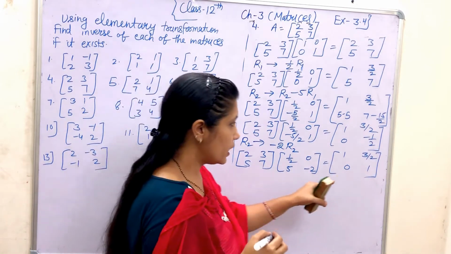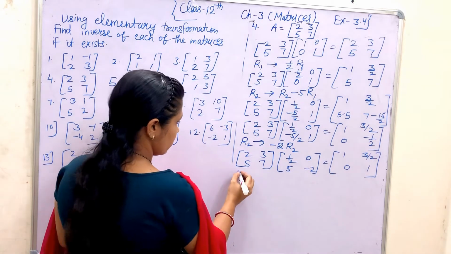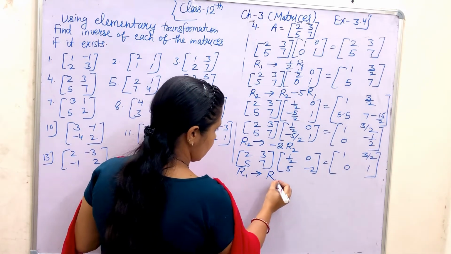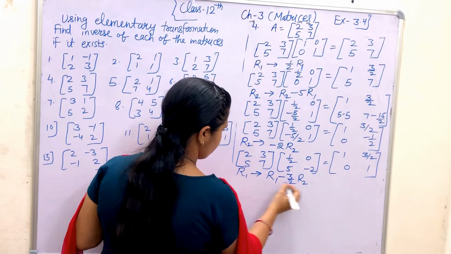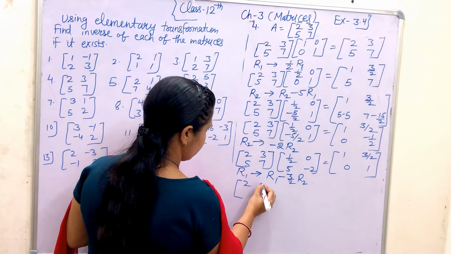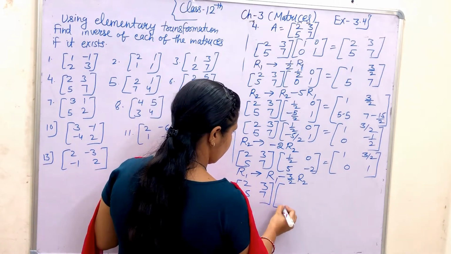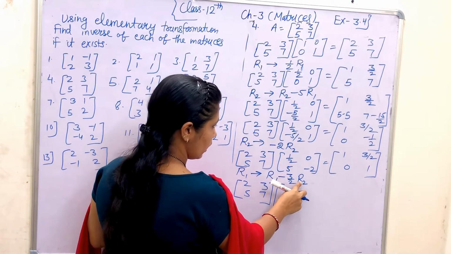Now we have to make our 1, 2 entry 0. So what we do? R1 is R1 minus 3 by 2 R2.